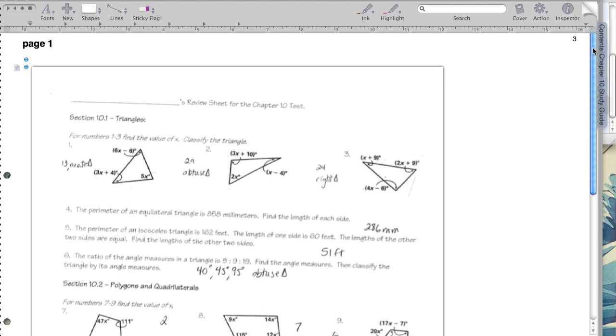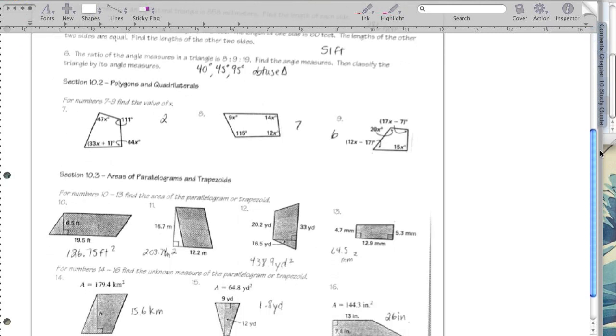Moving on, we're going to take a look now at number 6. The ratio of the angle measures in a triangle is 8 to 9 to 19. Find the angle measures and then classify the triangle by its angle measures. So they're telling us the ratio is 8 to 9 to 19, and we're talking about angles here. So when we have a ratio like this, if I were to sketch out a random triangle, I don't know what it looks like, but I'm going to say that this angle is going to be 8x.